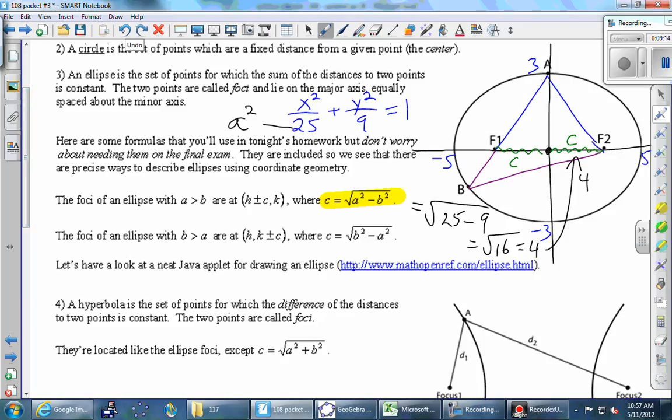Okay, so oh, it's the blue. So I didn't even know. I made basically 2C.